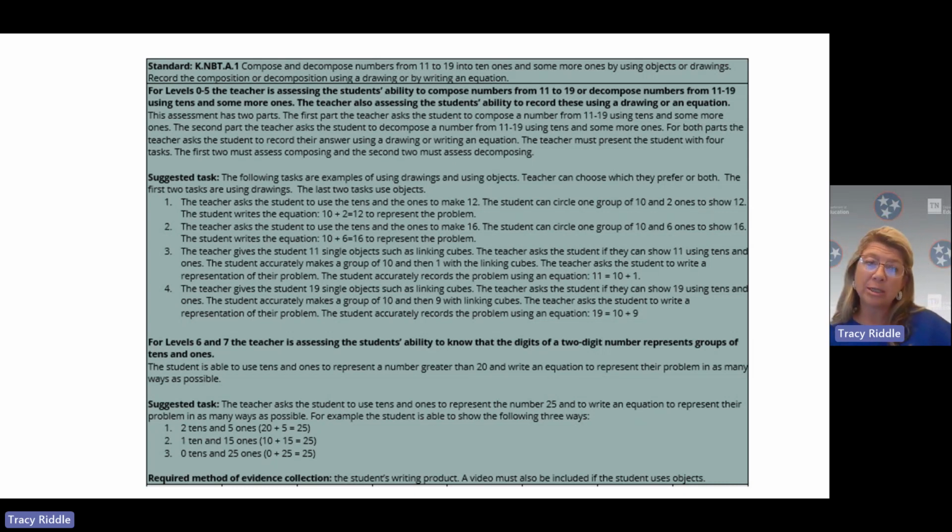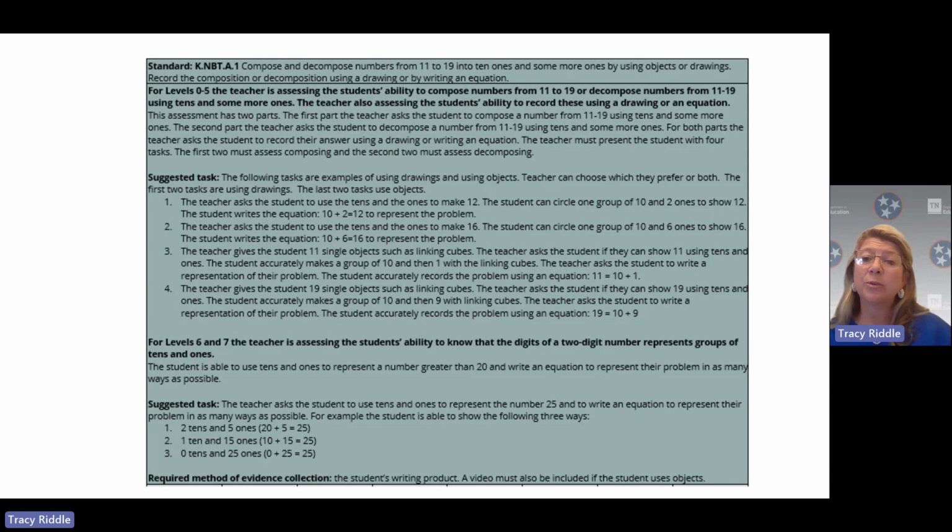For both parts, the teacher is asking the student to record their answer. So they could draw the tens and more ones, or they could use an equation and write, for example, 11 could be 10 plus 1 equals 11, or 11 equals 10 plus 1.